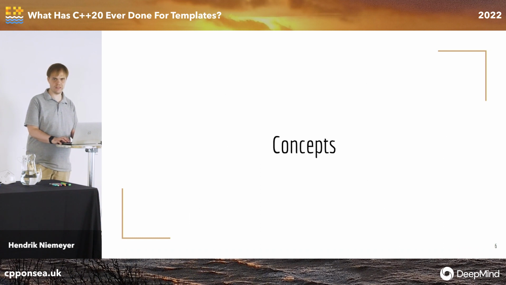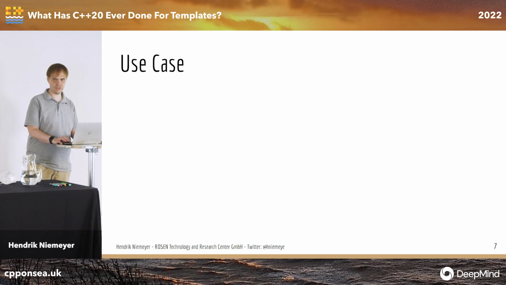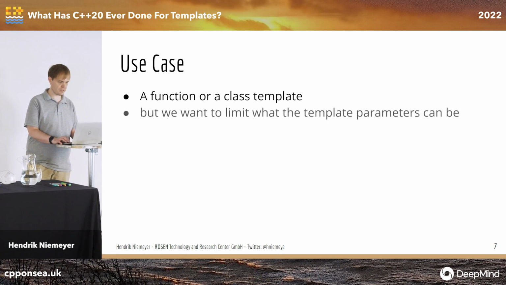Then let's start with the first chapter, which is concepts, and we will be looking at what concepts are and how we can use them in C++20 with concepts and constraints. So what is a use case for a concept? We have a function or a class template, and we want to limit what the template parameters can be. This is a big sentence, because in C++ it's already limited what we can use as template parameters, because the code has to compile.